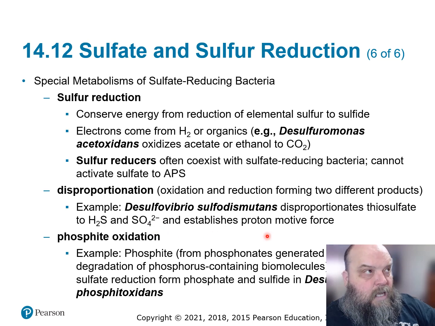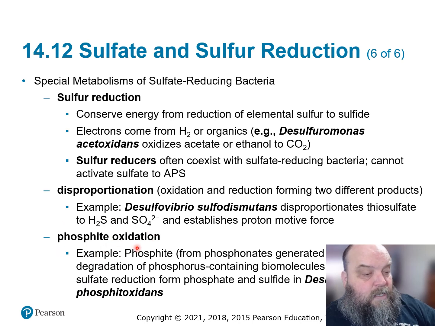Okay, that's a bit weird. But it takes the thiosulfate and turns it into hydrogen sulfide and sulfate disproportionately, which means that its metabolism is a bit weird. I'm not going to go into it too much. We're just going to mention it here and move on.